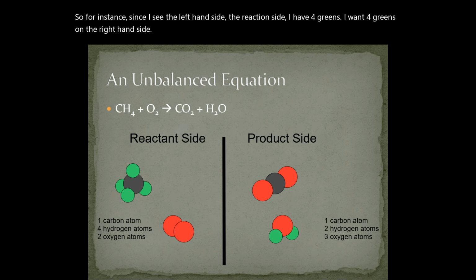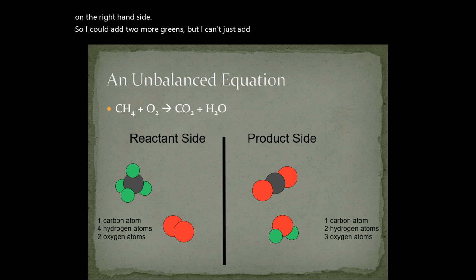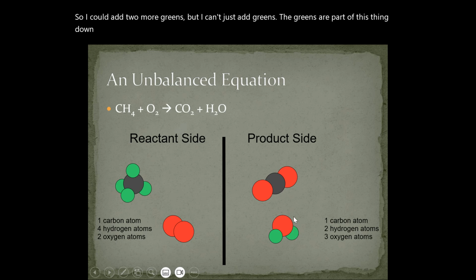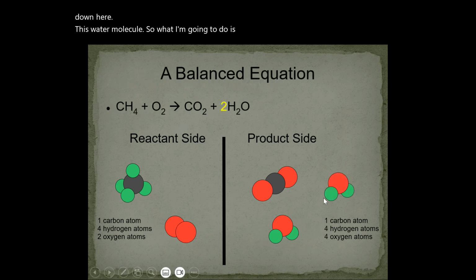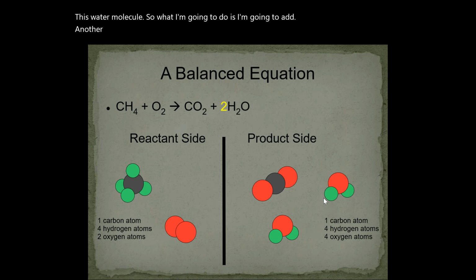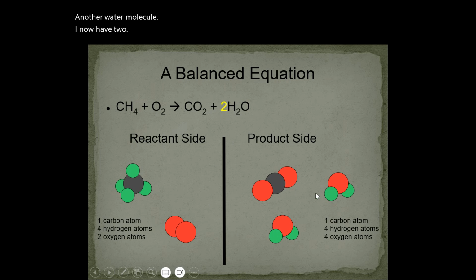So I could add two more greens, but I can't just add greens. The greens are part of this water molecule, so I'm going to add another water molecule. I now have two water molecules.